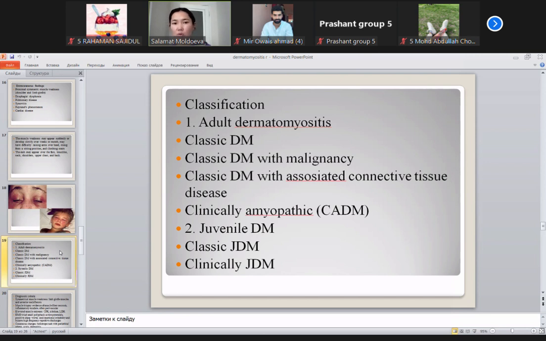About adult, I already said classic dermatomyositis. Clinical amyopathic, I already said. Sometimes dermatomyositis might be associated with malignancy, and sometimes with other connective tissue disorders, for example, mixed or overlap disorder when it's associated with systemic scleroderma.